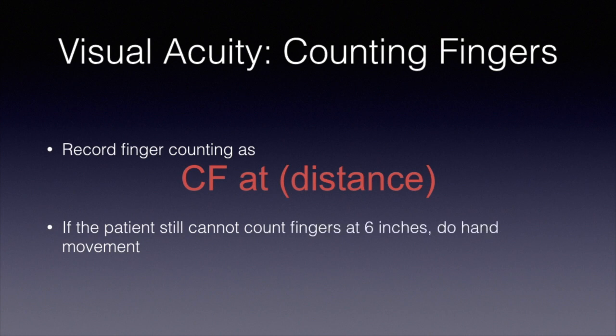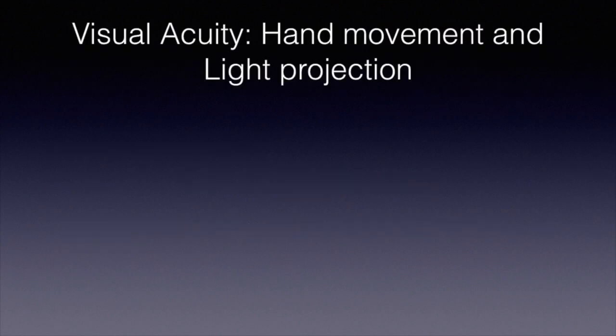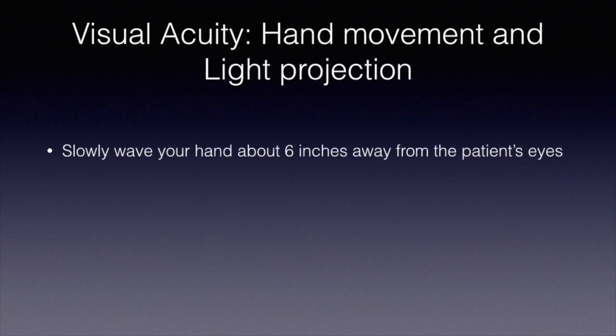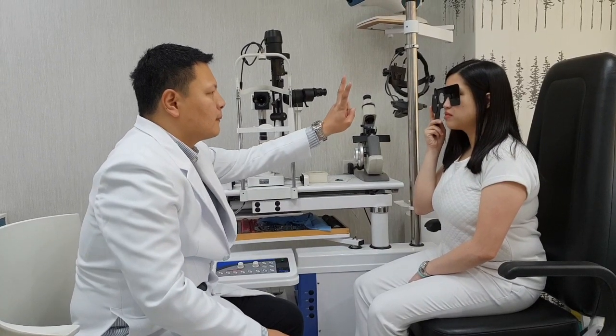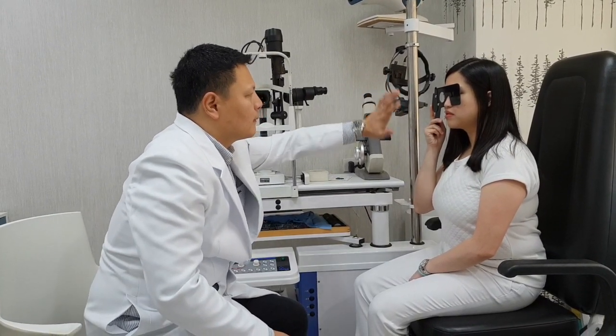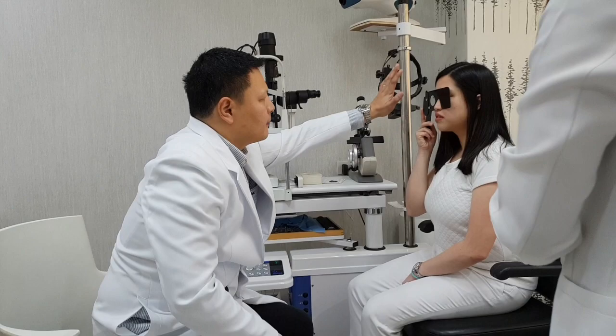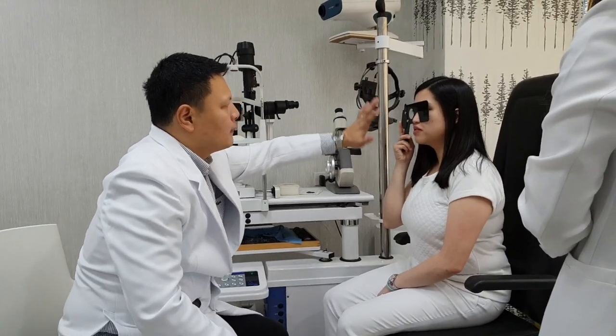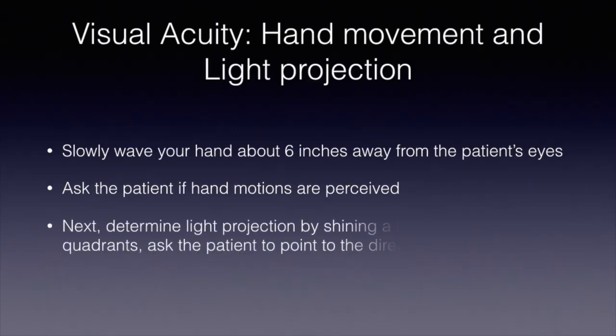If the patient fails to see and count fingers, vision is tested with hand movement. Test the vision using hand movements and by light projection. Slowly wave your hand about 6 inches away from the patient's eyes. Ask the patient to report if he can perceive the hand motions.